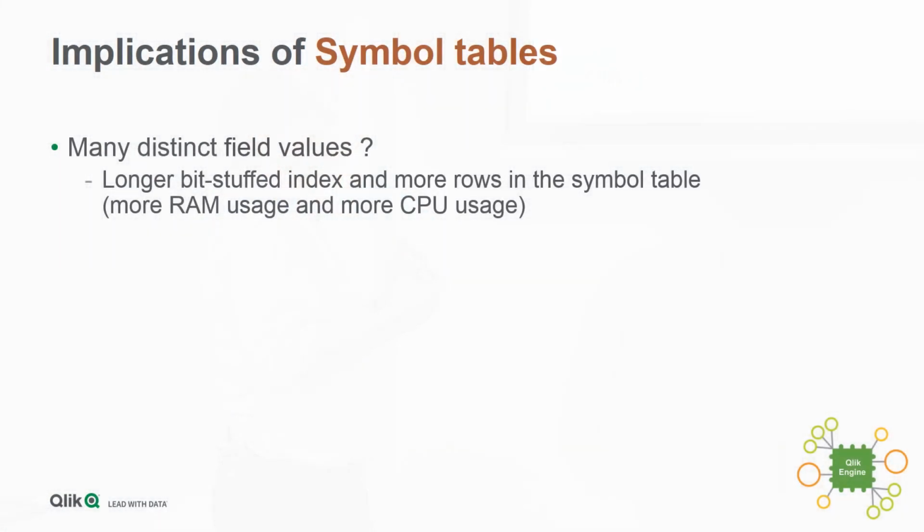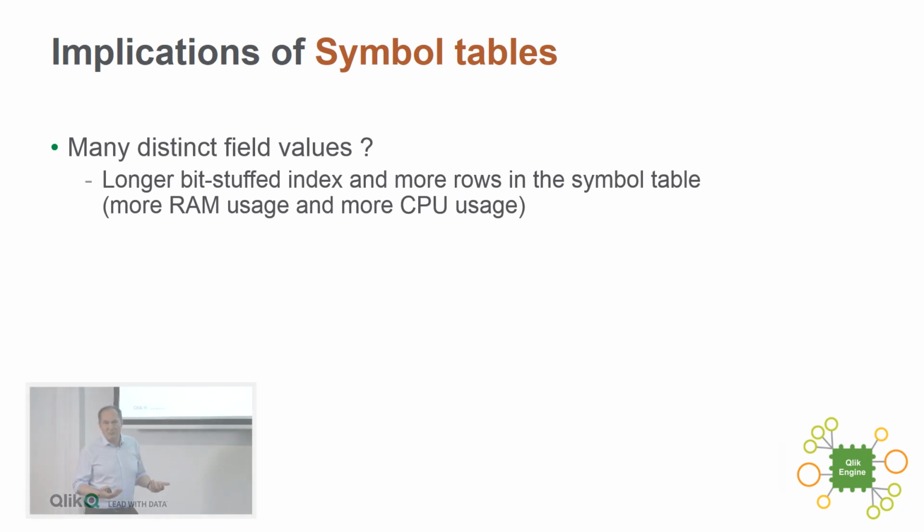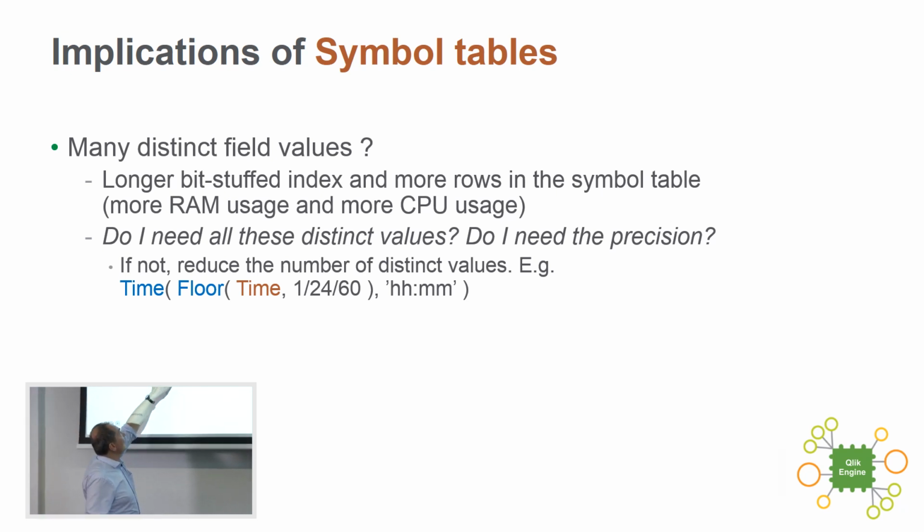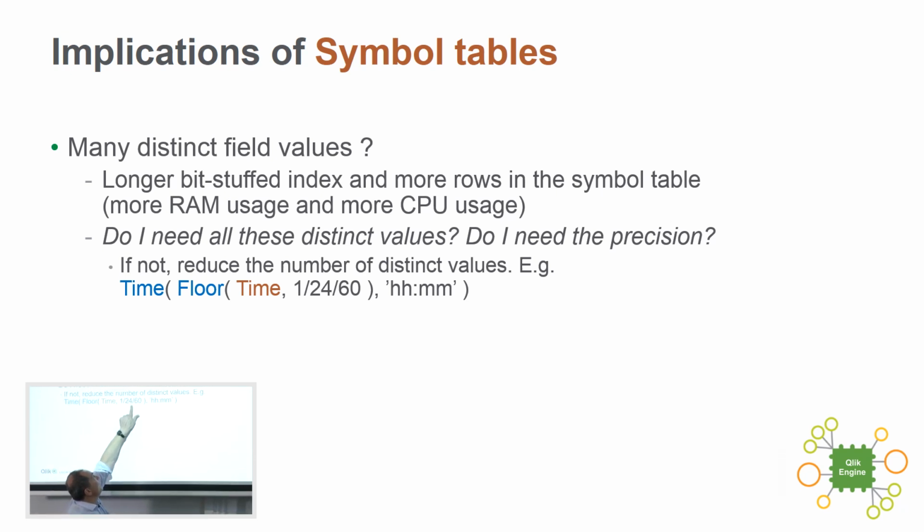So a way to optimize the engine is already at script time that you do something smart with this. You could, for instance, use this function here. I use a floor function which rounds it off to the closest value, and it rounds it off to the closest minute.